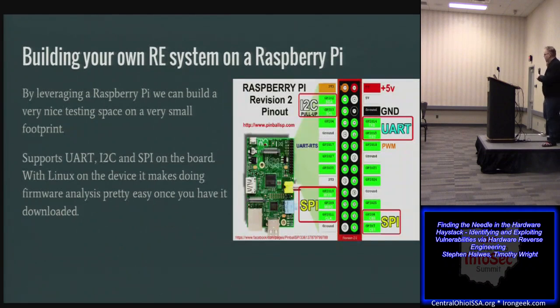You want to talk about this one? I'm sure everybody's played with the Raspberry Pi, but they are really awesome. They're really cool tools. I like to have one in my testing toolkit that I put my own reverse engineering system together on, with all the software I want. And the GPIO pins are really cool.